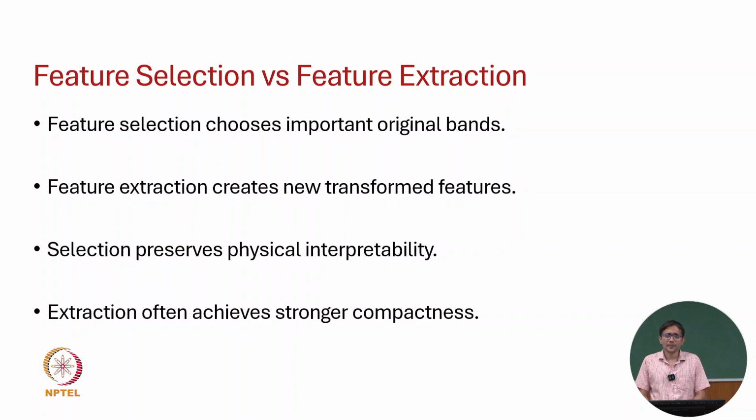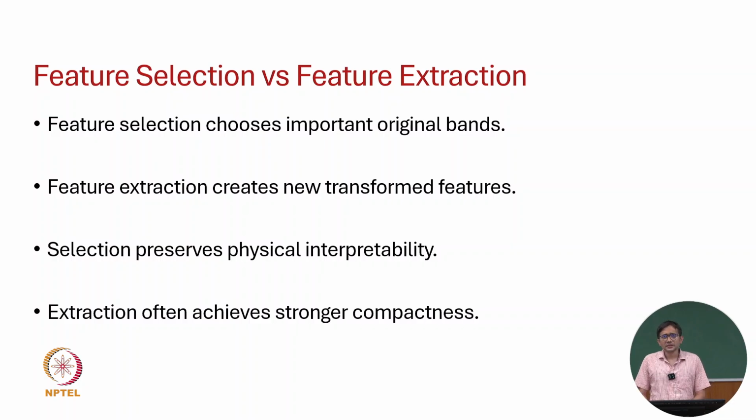On the other hand, the feature extraction creates new transformed features. So in this case, I will not call it band extraction. The previous one, the feature selection, I also called band selection, right? Whereas in this particular case, I will call it strictly feature extraction because what we are extracting is not any more bands.